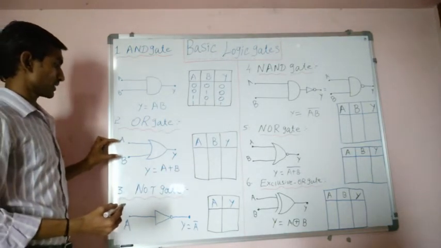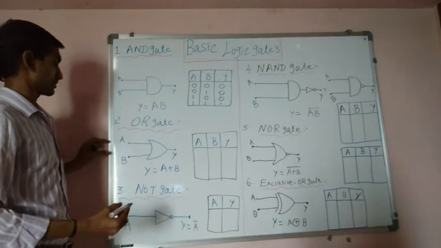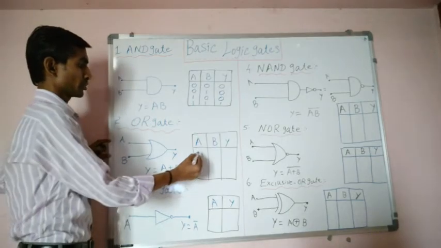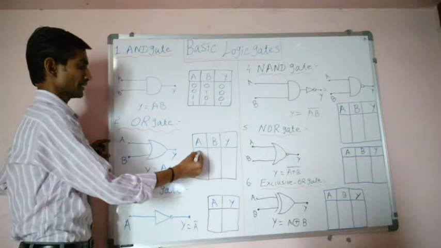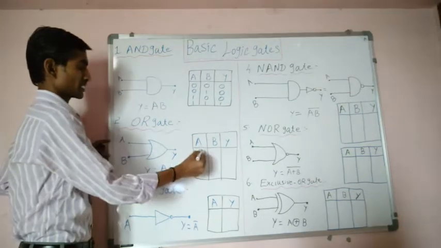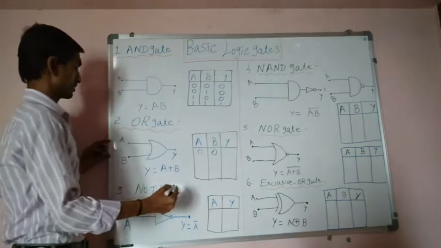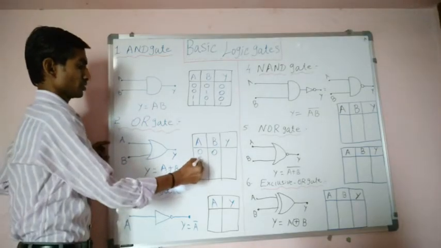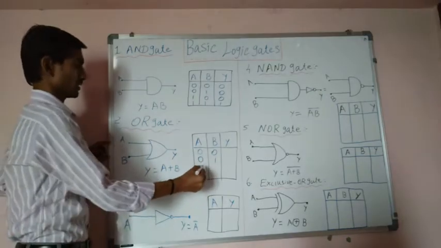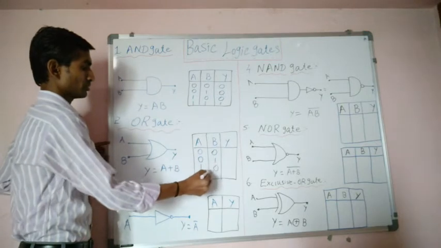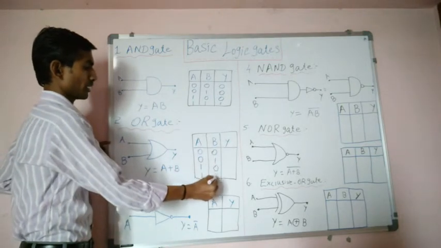There are two sets of input variables. Now I am going to write the possible inputs. First input 0, 0. Second one 0, 1. Third one 1, 0. Fourth one 1, 1.